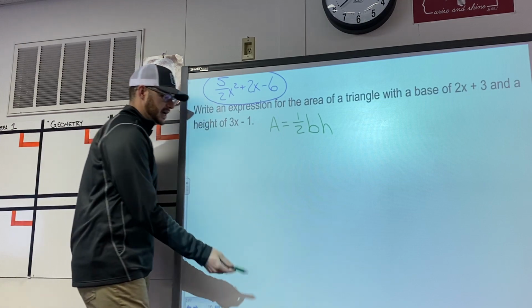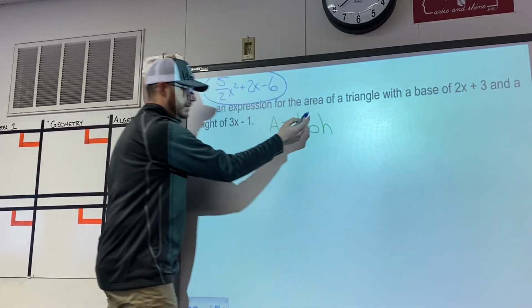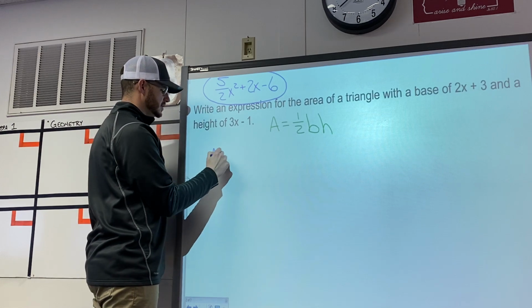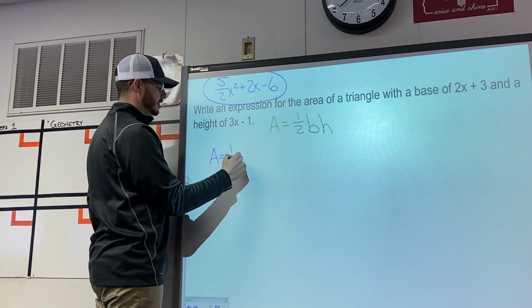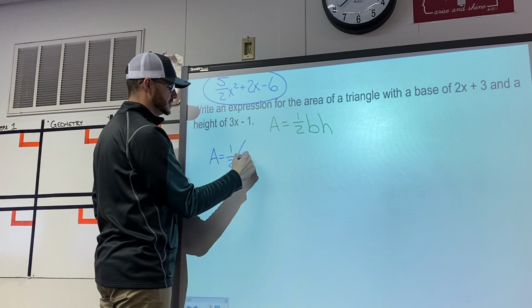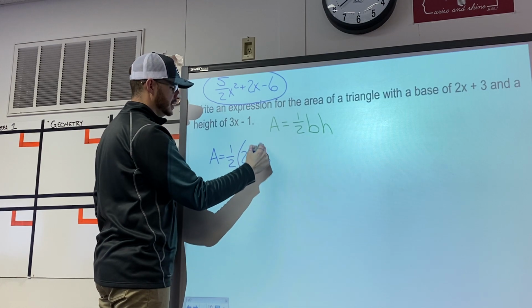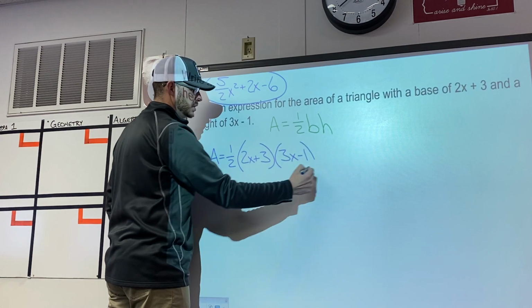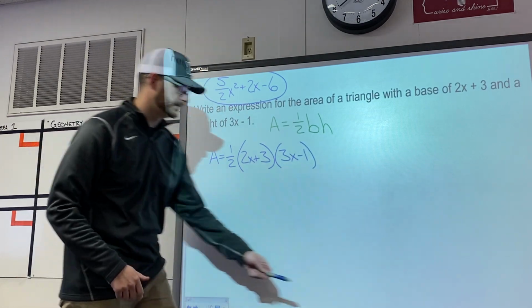So in this case, again, we're just going to take that equation and plug in the numbers they give us. So the area is equal to 1/2 times the base, which is 2x plus 3, times the height, which is 3x minus 1.